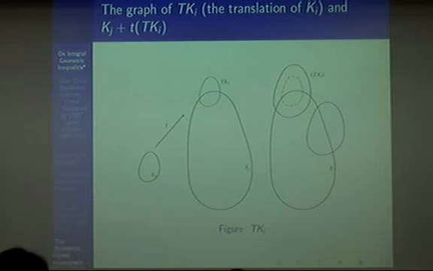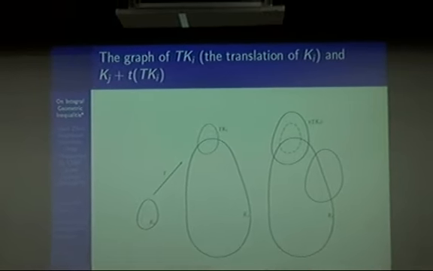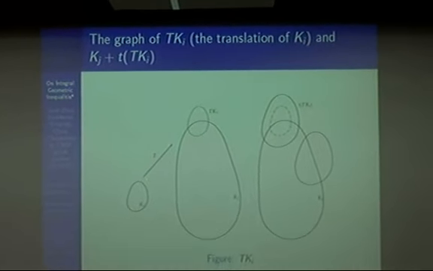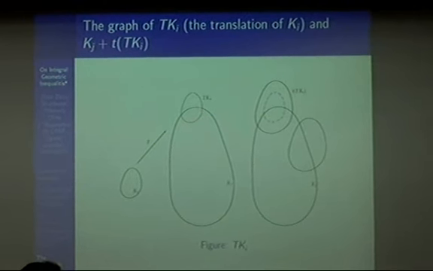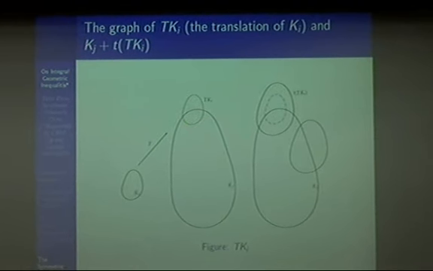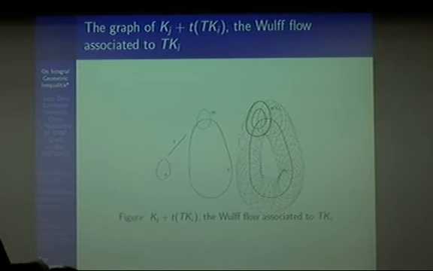What's the meaning of this? First we have Ki, then T, a translation to here, a boundary here. Then we have Ki and T Ki, and the dilation. Ki plus this dilation, we just move this, try to whip it around, so the picture is like this.